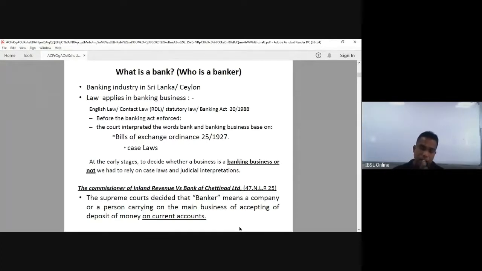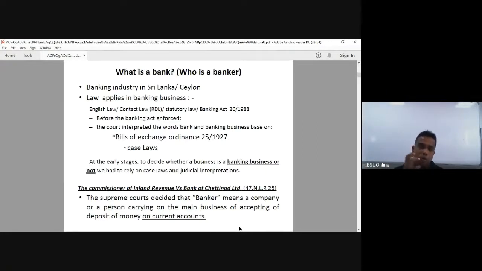Further, the judges decided that even though you are doing a business similar to bankers, that is lending money, you cannot be considered a bank, because lending money is not unique to the banks. Other financial institutions, finance companies, also lend money. So it is not a unique business. So that is also out.